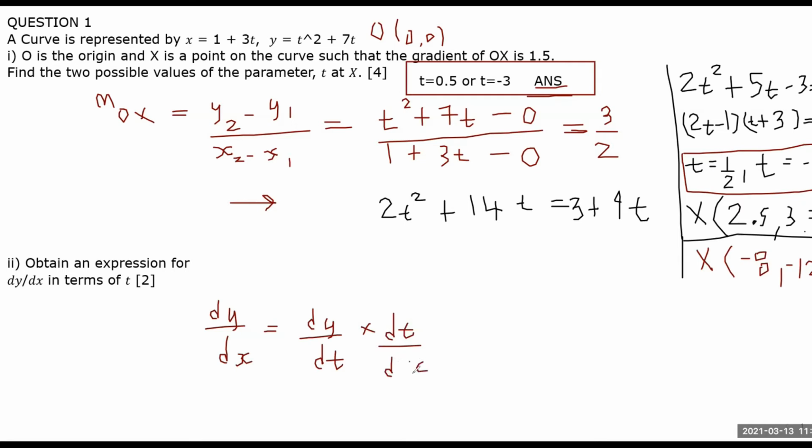To find dy by dt, we differentiate y with respect to t, and we get 2t plus 7, times dt by dx. dt by dx is 1 over dx by dt, and when you differentiate x, you get 3. So dy by dx is equal to 2t plus 7 over 3. That is it. Easy.